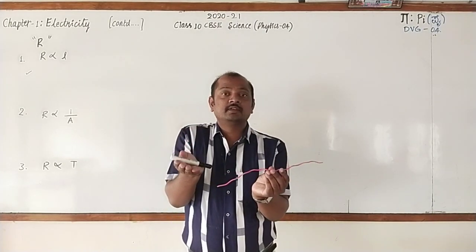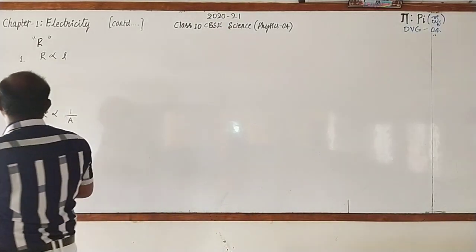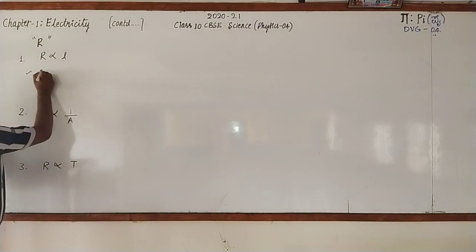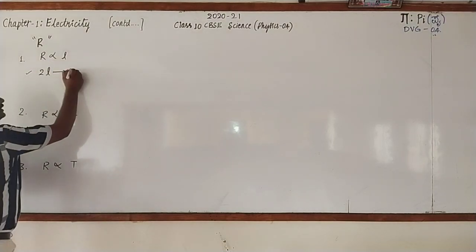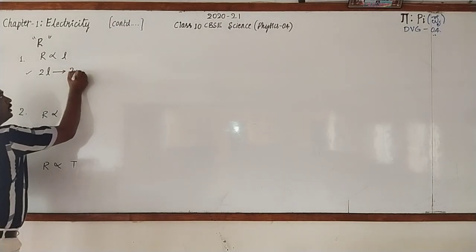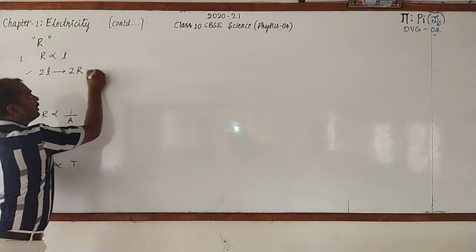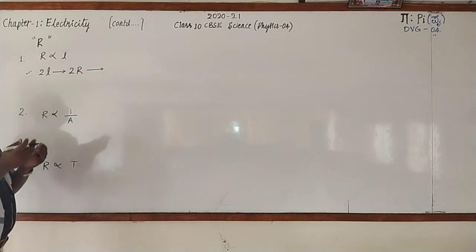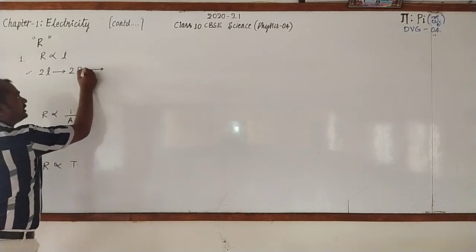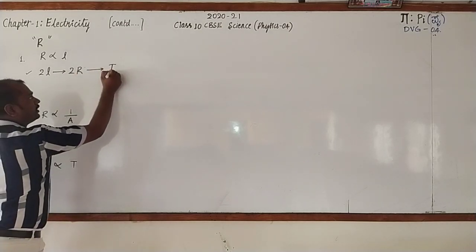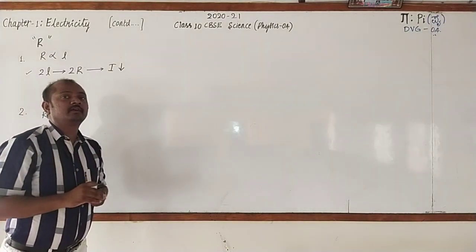Electric resistance increases, current decreases. I'll write that here. When the length is doubled, electric resistance increases by 2 times. Got it? Then what about the current? Current obviously decreases because electric resistance is increasing.